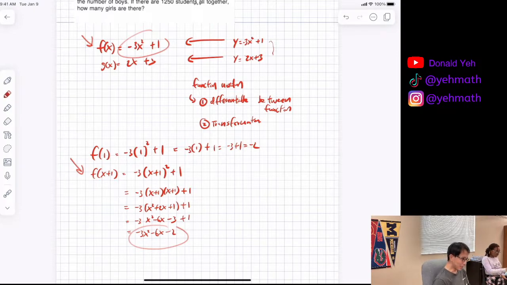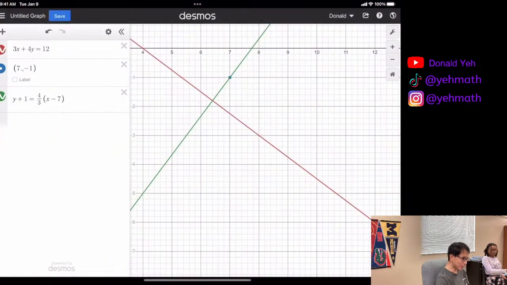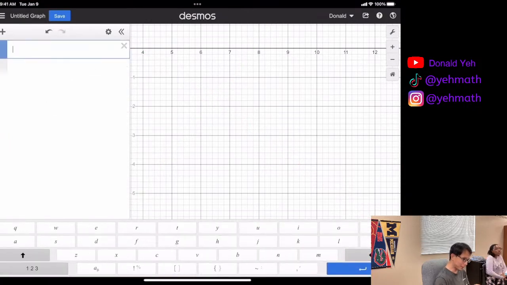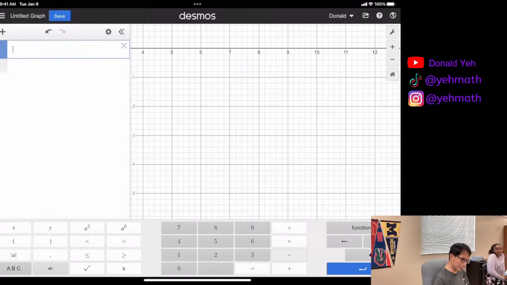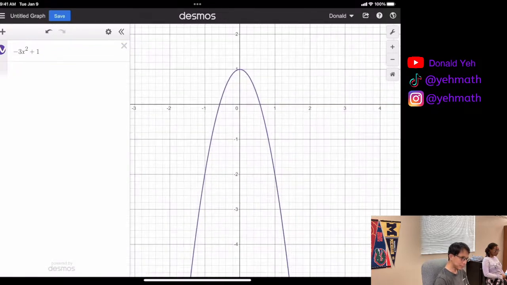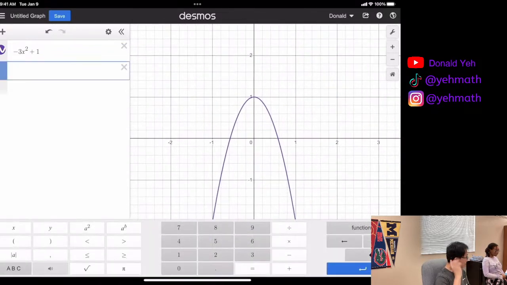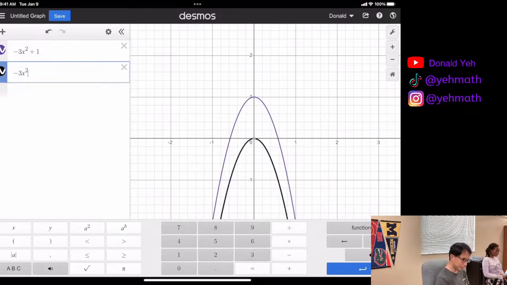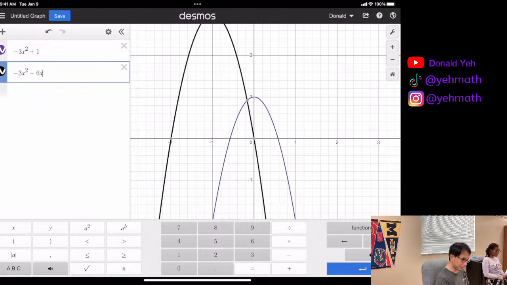All right. So I'm going to graph that function. Did you have that function written down? Okay. So what was it? -3x squared plus 1, right? Okay. So do you guys see this function? And what's the other function? -3x squared minus 6x minus 2.